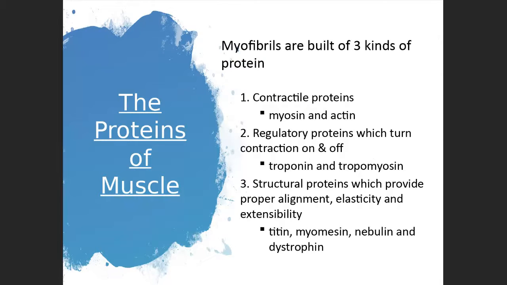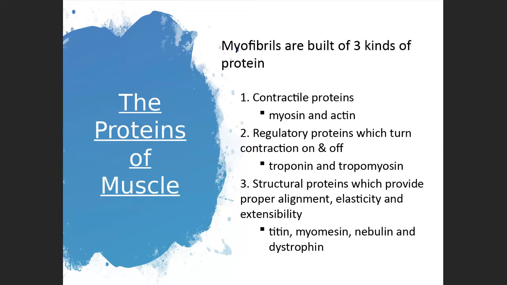Okay, so basically there are three kinds of protein within the muscle. We've got the contractile proteins, and these are the myosin and the actin. Then we've got the regulatory proteins, which switch the muscle on and off, and that's troponin and tropomyosin.